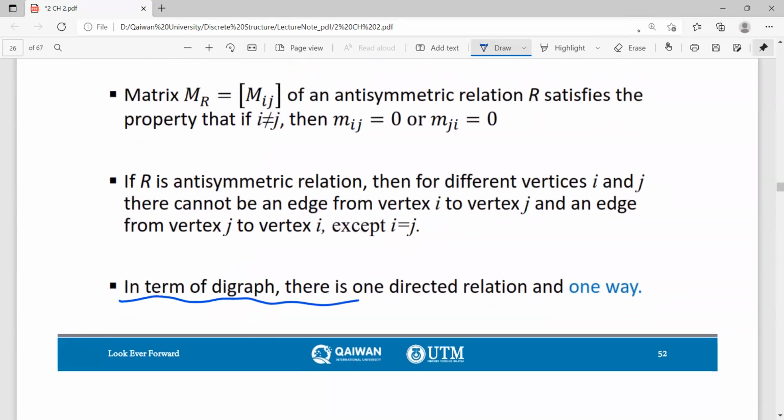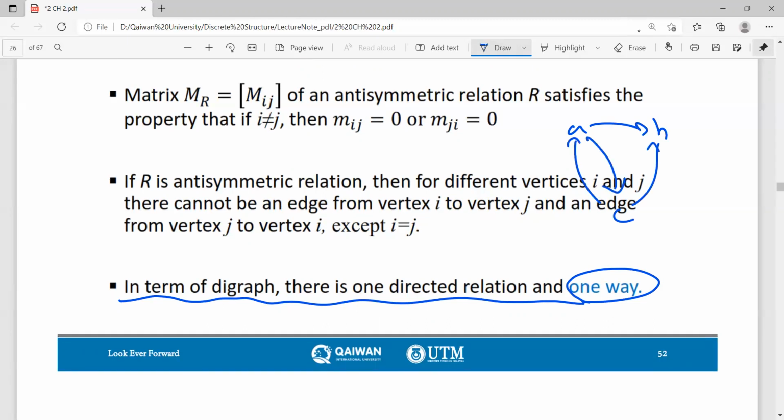And in terms of a digraph, we must have only one-way arrows. We must have no alternate arrow. For example, here we have A, B, and C. We must have only one-way arrows. If we have any alternate arrow, we say that's not anti-symmetric.